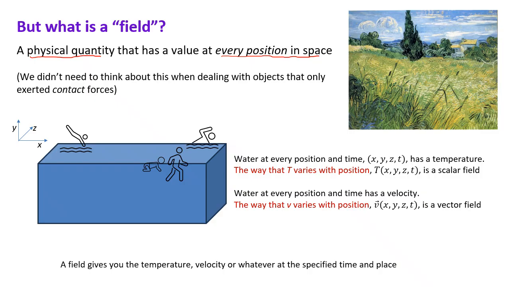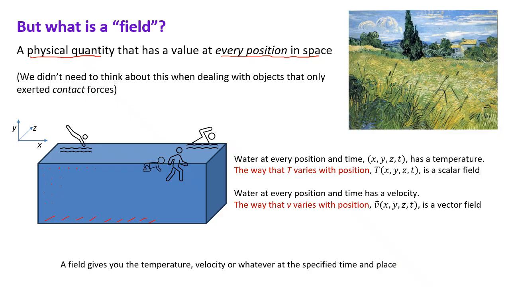So let's consider water in a swimming pool. Now, at every position in this swimming pool, water has a temperature. And the temperature depends on the position in the pool. For example, in the position that describes the bottom of the pool, you might have a very low temperature.